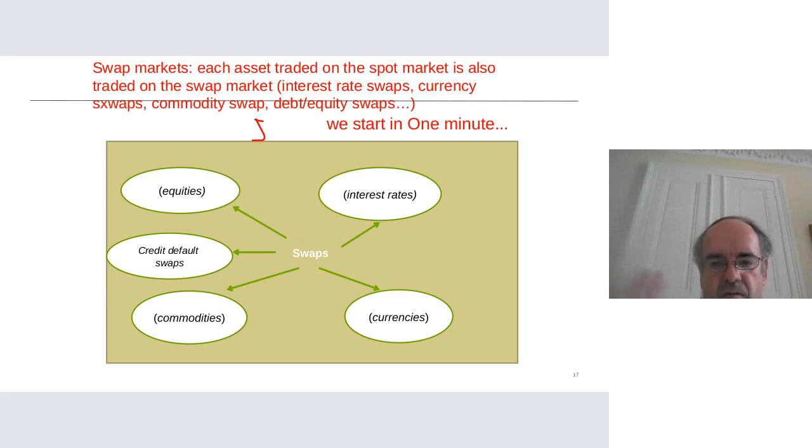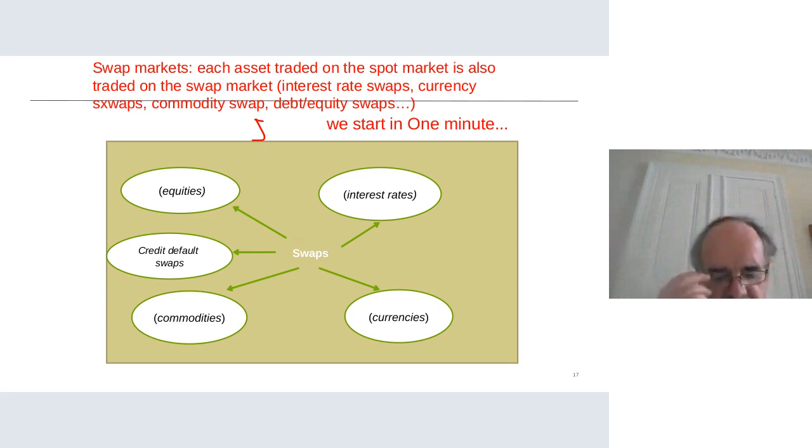What do we exchange? In an interest rate swap, we exchange normally a fixed rate against a variable rate. I had explained some minutes ago.